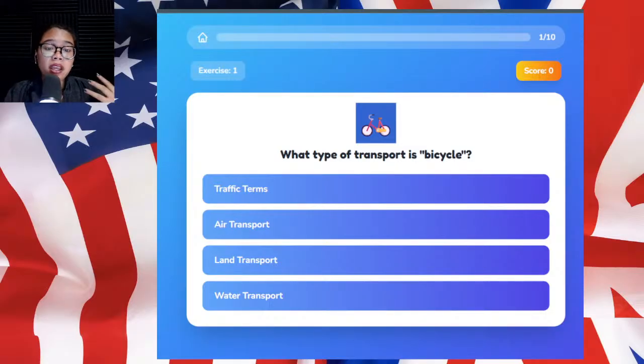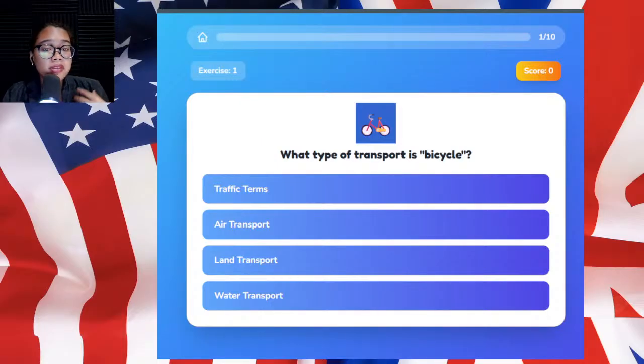Because it is powered by human. No fuel at all. We do not use fuel. We do not create pollution by using bicycle. So it does not hurt the environment, because bicycle uses pedal power, which we do ourselves.